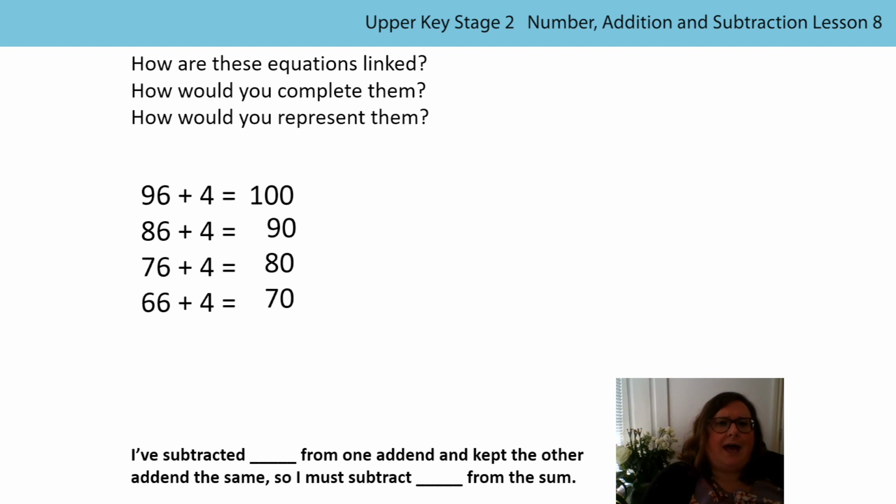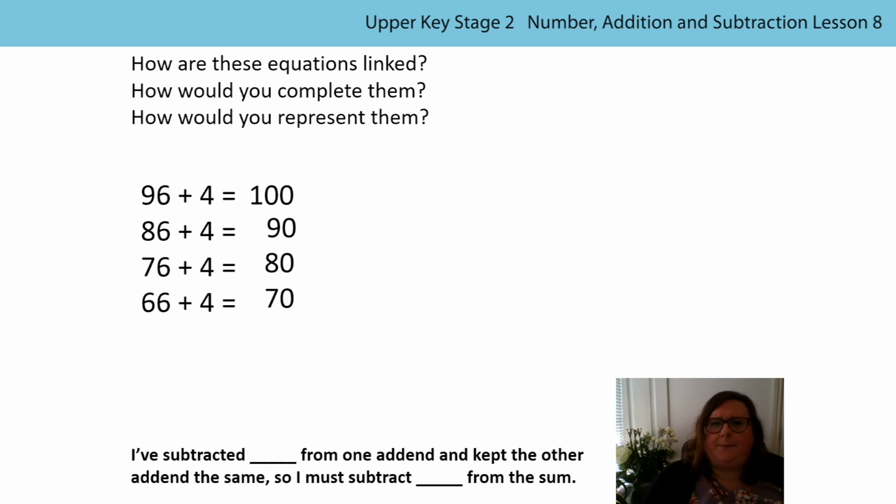So, how are they linked? What's the same and what's different as you look at these equations? What's changing? What's not changing? Well, I can see that this addend, the 4, is the same in every equation. And I can see that the tens digit is changing in the first addend, and that the tens digit is changing in the sum as well.